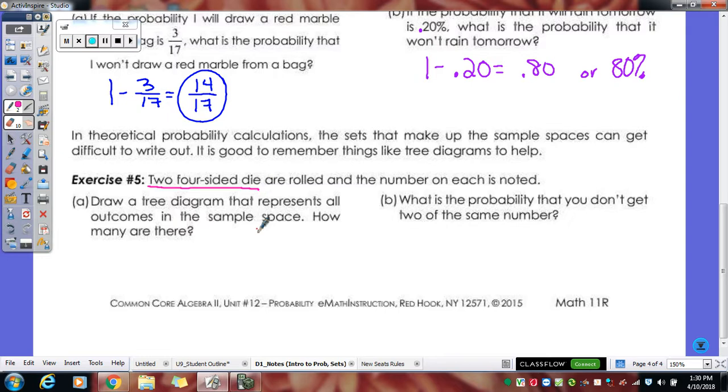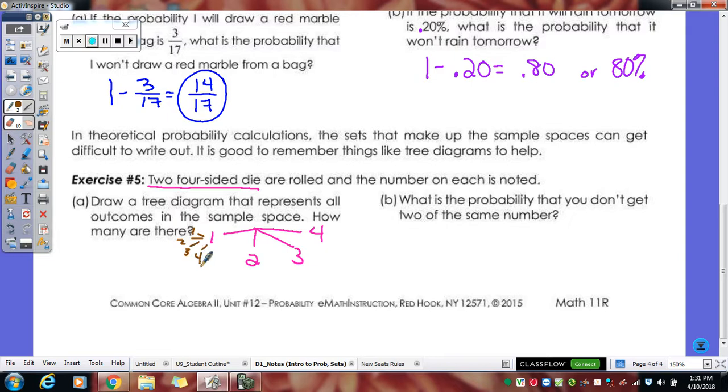If I roll the first one, I can get a 1, a 2, a 3, or a 4. After I roll that first one, I roll my second 4-sided die, and I could get a 1, a 2, a 3, or a 4.